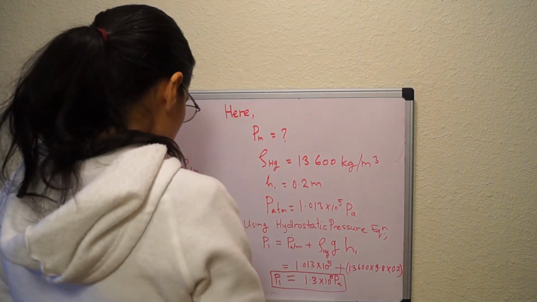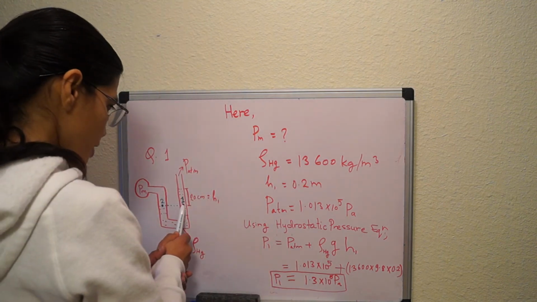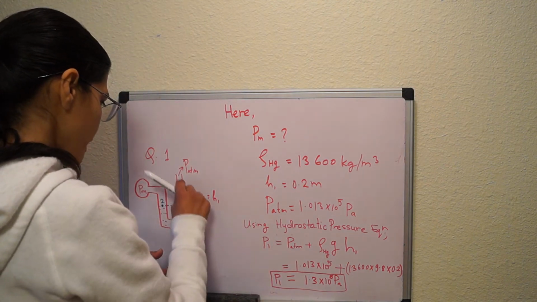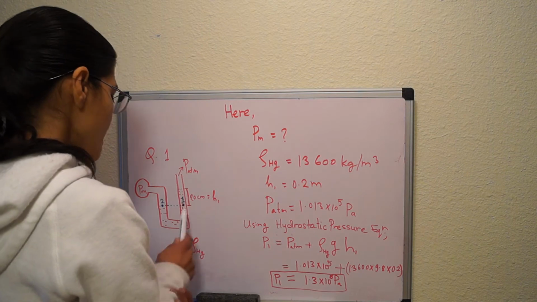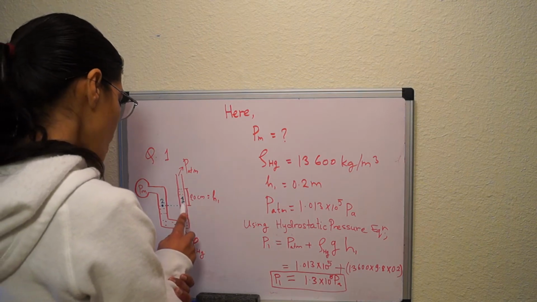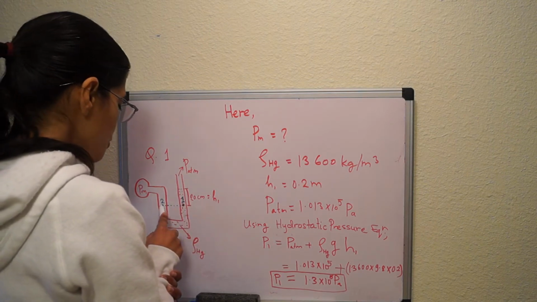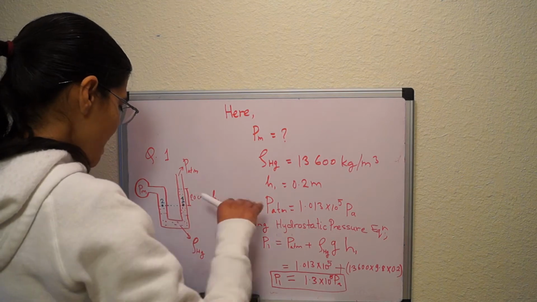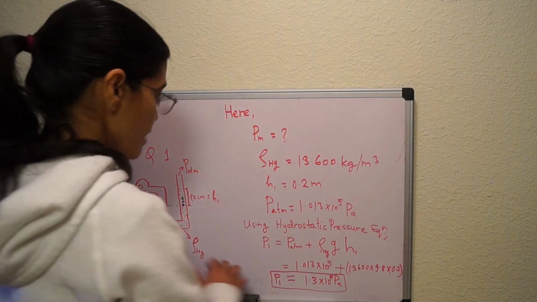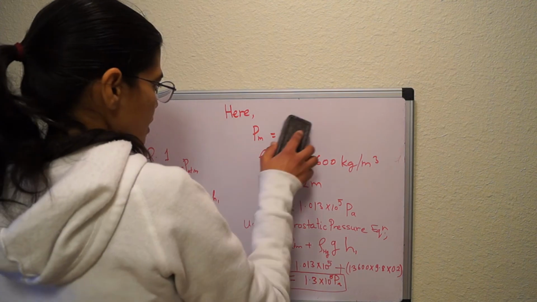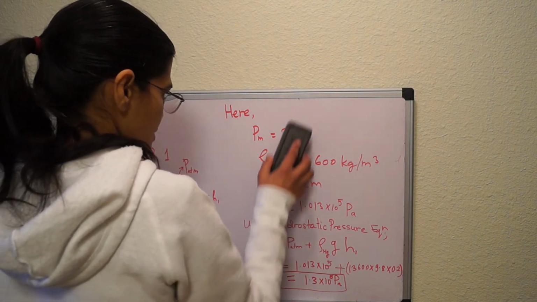Okay, so this is the pressure at this point due to this column of mercury as well as the atmospheric pressure. Now we said that the pressure at point 1 must be equal to the pressure at point 2, because both are at the same height in this liquid. I'm going to erase this part because I need more space.